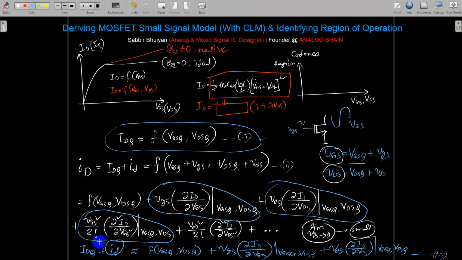Okay, let's see what happened. We have this thing, f of (V_GSQ, V_DSQ) here. So this term and this term will be cancelled, and we are left with this v_GS and the rest. Okay, so let's go to the next page.